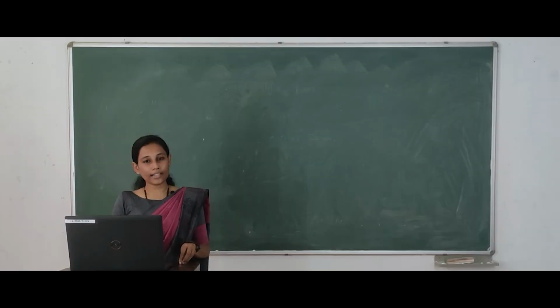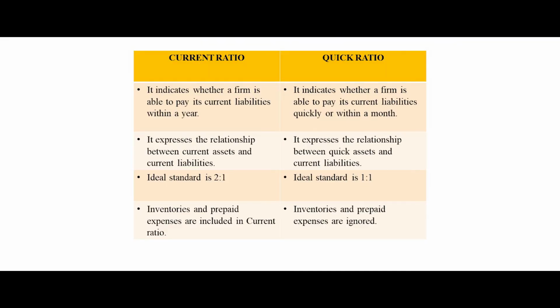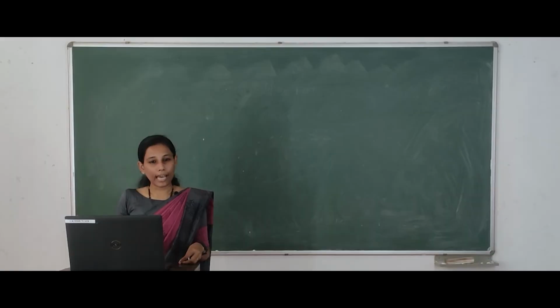The standard current ratio is 2:1. That means the proportion of current assets to current liabilities is 2:1. In quick ratio, the ideal standard is 1:1. That means liquid assets and current liabilities are in the proportion 1:1.